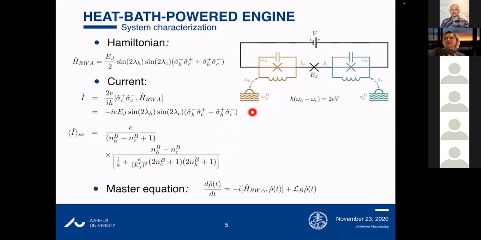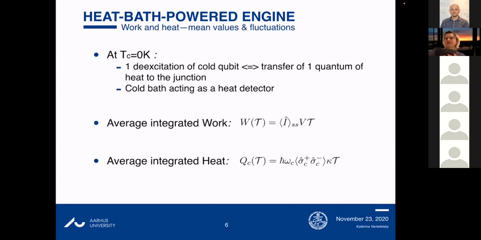Then to study the dynamics of the system, we solved the local master equation, where you can see here the Hamiltonian part and then the dissipative part. We made sure that the values of our parameters were well within the range of application of the local master equation. With that in hand, we wanted to calculate first the average values of the work and the heat.